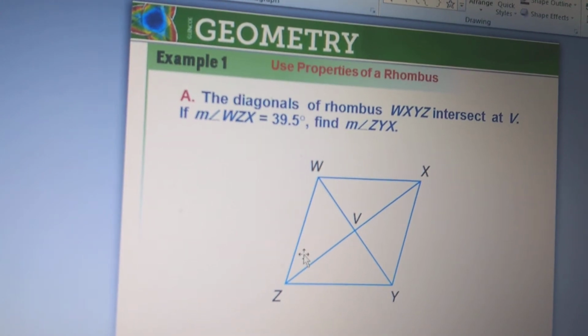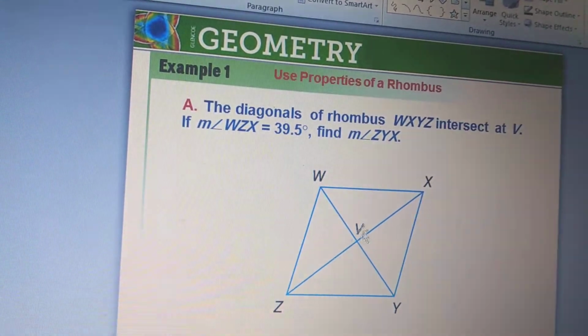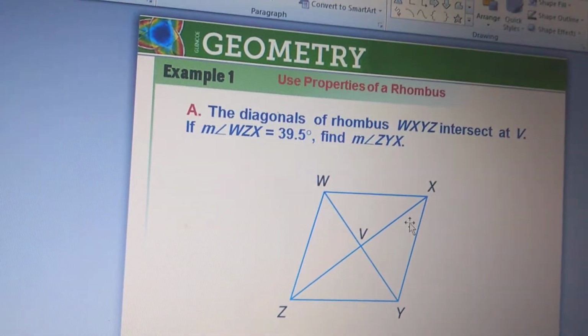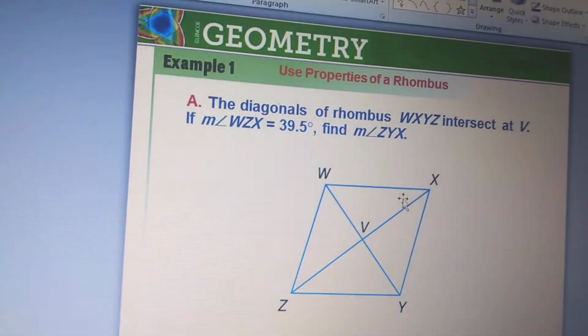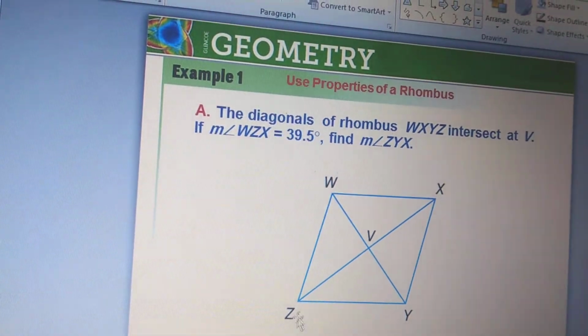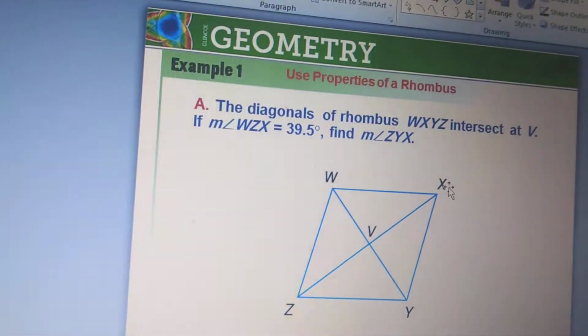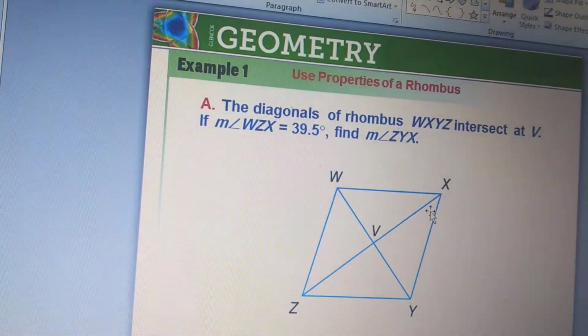Now I know that this angle is 39.5 and this 39.5 and this 39.5 and this 39.5. Why? Because diagonals bisect opposite angles. Diagonal XZ bisects angle Z and bisects angle X. This means this angle is 39.5 and this angle is 39.5.